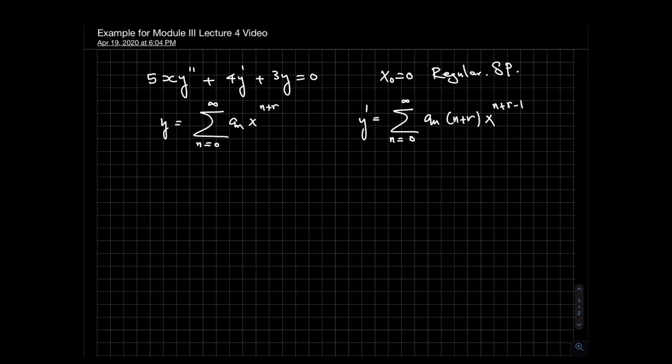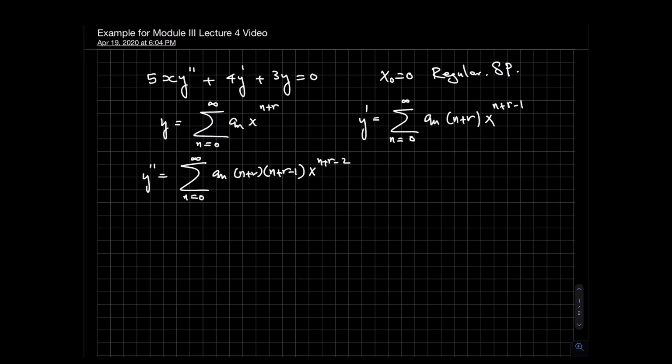That 0 term still has an existing entity, it doesn't go away, so you have to start from 0. Can't move it up to 1. And y double prime here will just be a_n (n plus r)(n plus r minus 1) x to the n plus r minus 2 as n goes from 0 to infinity. So you can see how more tedious the arithmetic here is going to be. It's just a lot of writing.